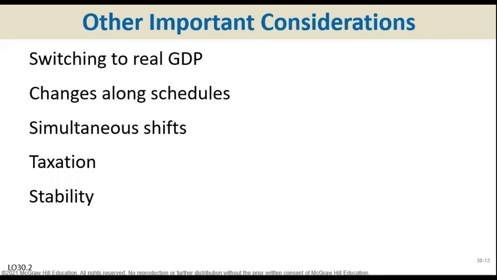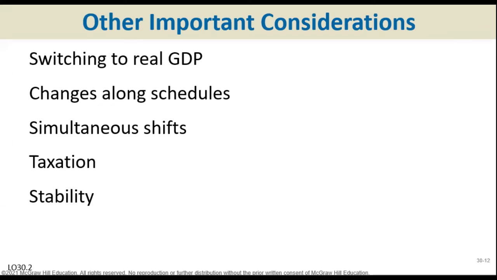Okay. So for the schedule shifts, we see that the consumption and saving schedules will shift in opposite directions. If one shifts up, the other one will shift down. They all go in the opposite direction, right? Unless the shift is caused by a tax change. The taxation, right?